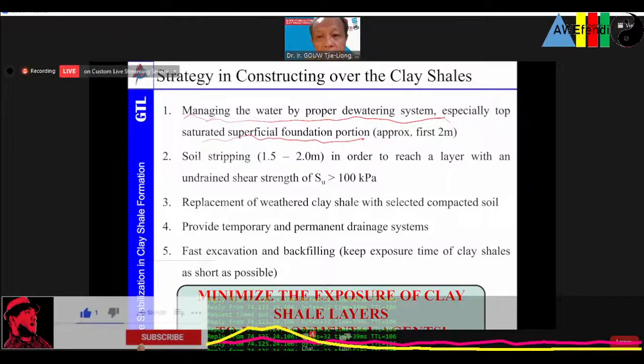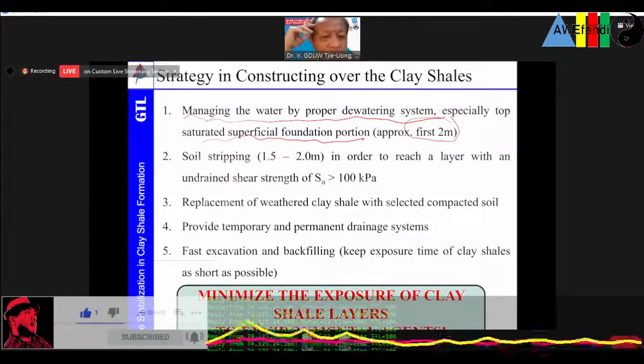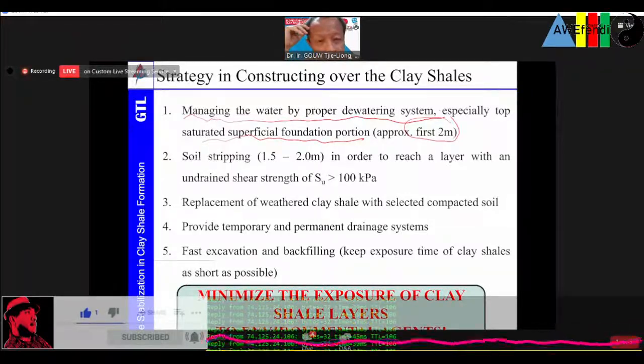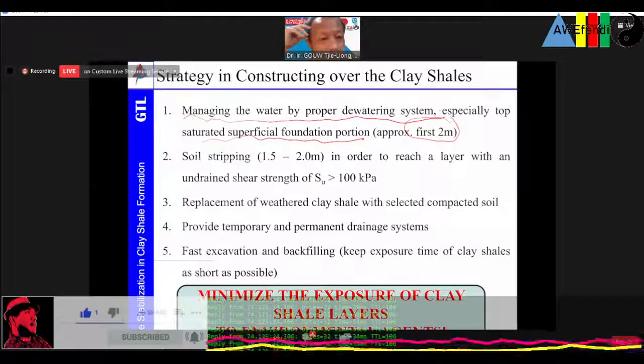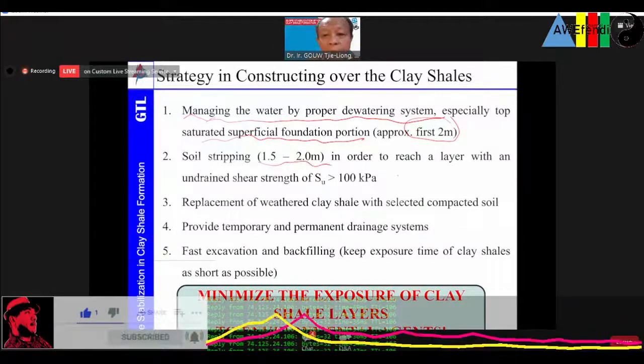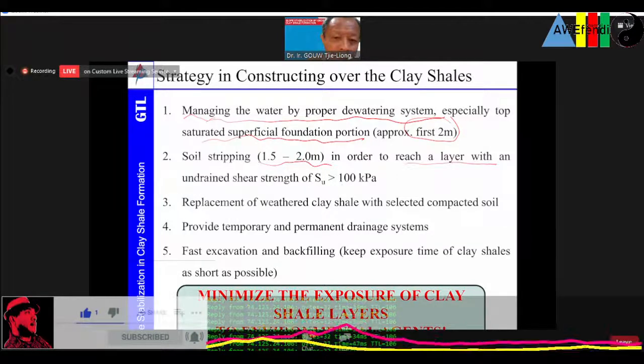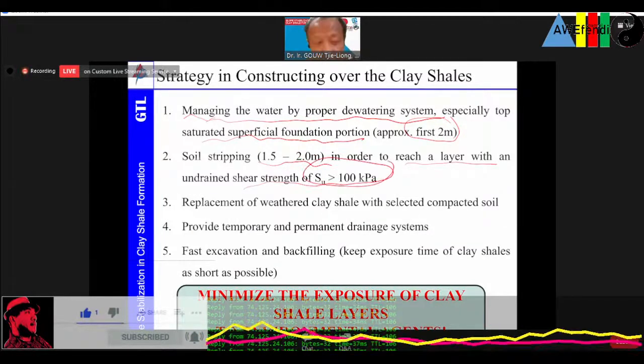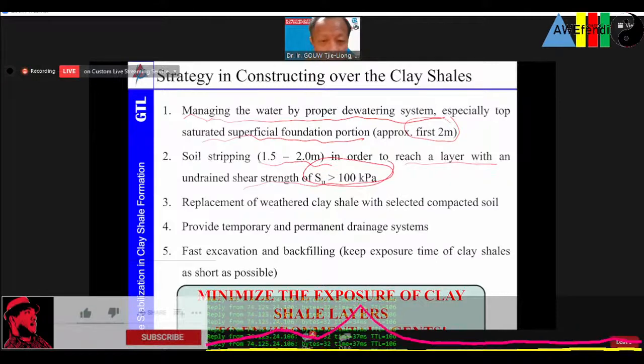About the first 2 meters, in some areas, is saturated. It's practically soft soil. So we need soil stripping of about 1.5 to 2 meters to reach a layer with an undrained shear strength greater than 100 kPa, considering this is quite a high slope.